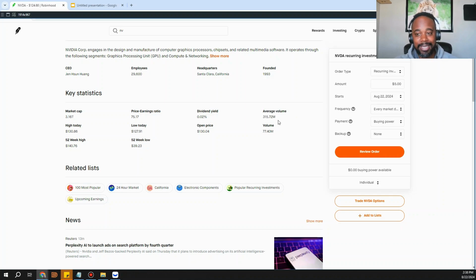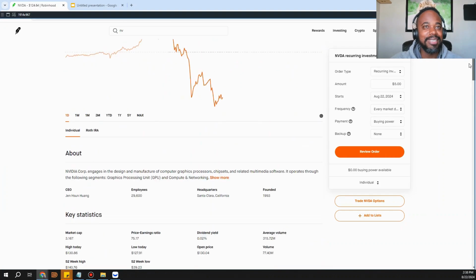Now, I would say second to this might be something like a Tesla. And then at certain points, you'll see something like a NIO. And NIO is another automotive company out of China, but their stock isn't particularly doing well right now. But that's a story for another day.